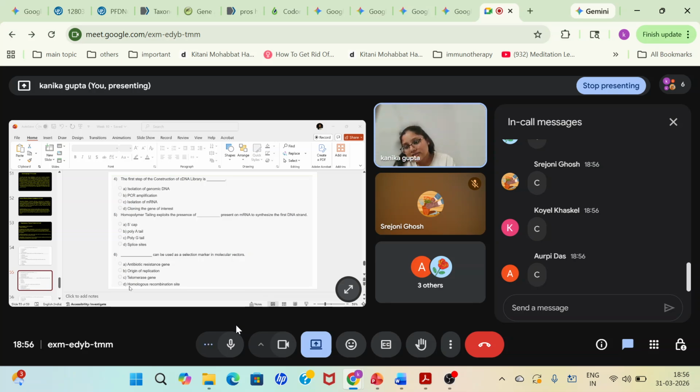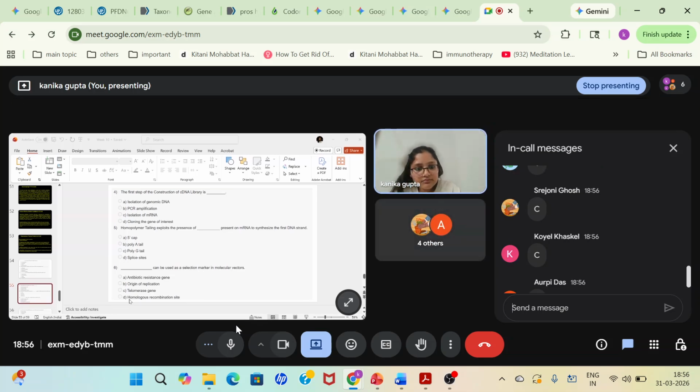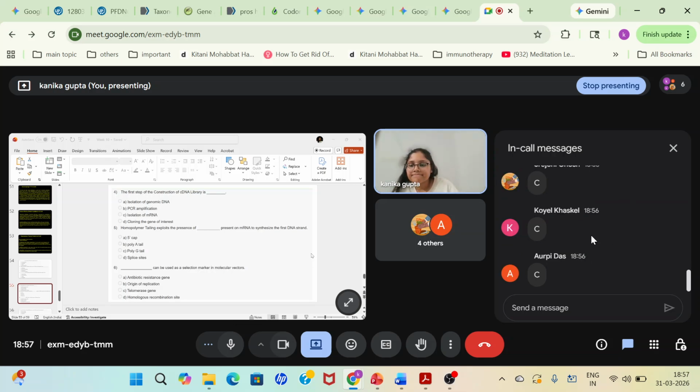What is that? Question number 5. Tell me, in homopolymer tailing, what is present on mRNA which helps in the synthesis of the first DNA strand?